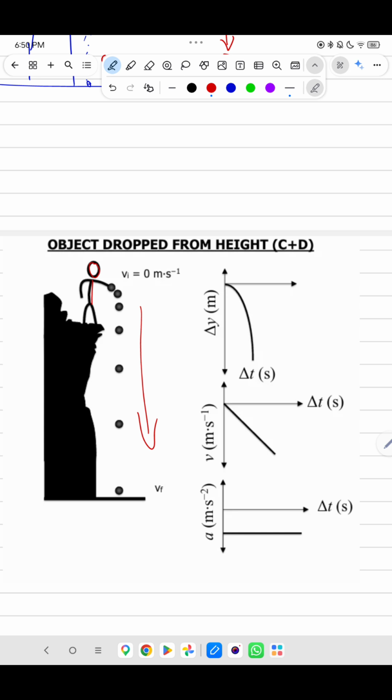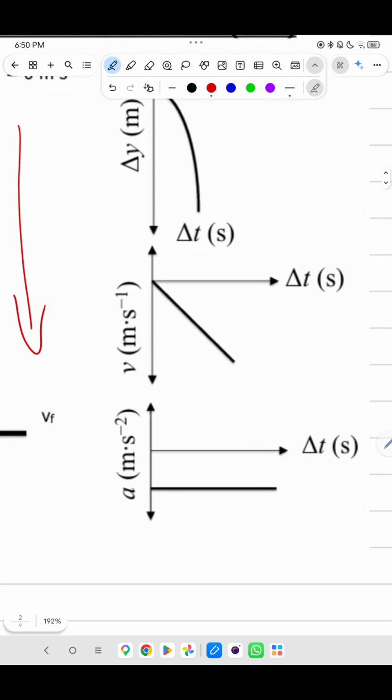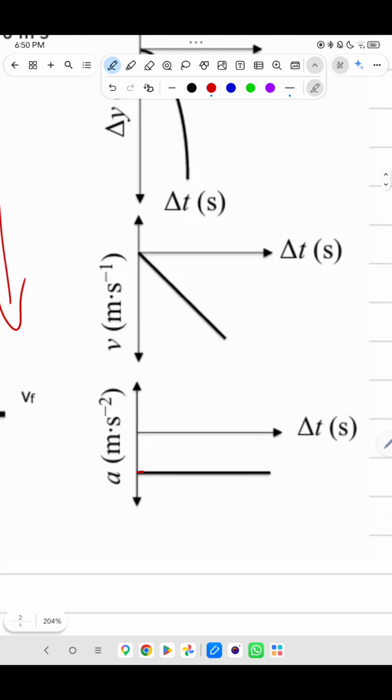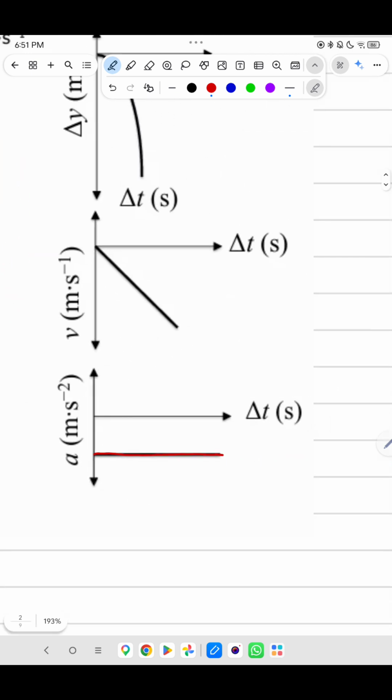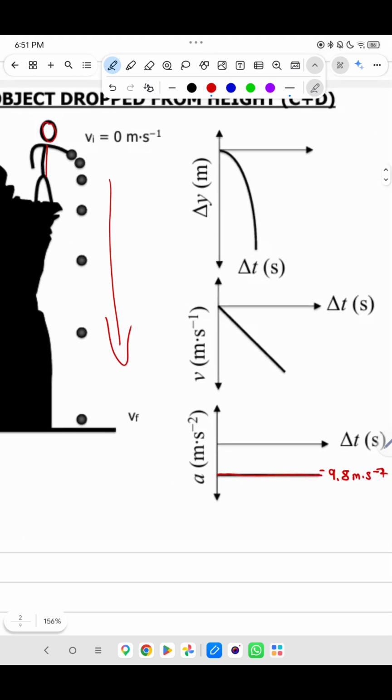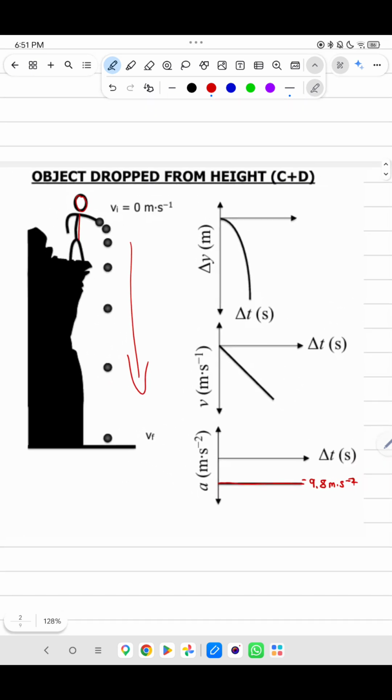Then they ask us to draw an acceleration versus time graph. As you can see, the line for the graph for acceleration is on the negative side. So we know that it's negative 9.8 meters per second squared. So why is it on the negative side?